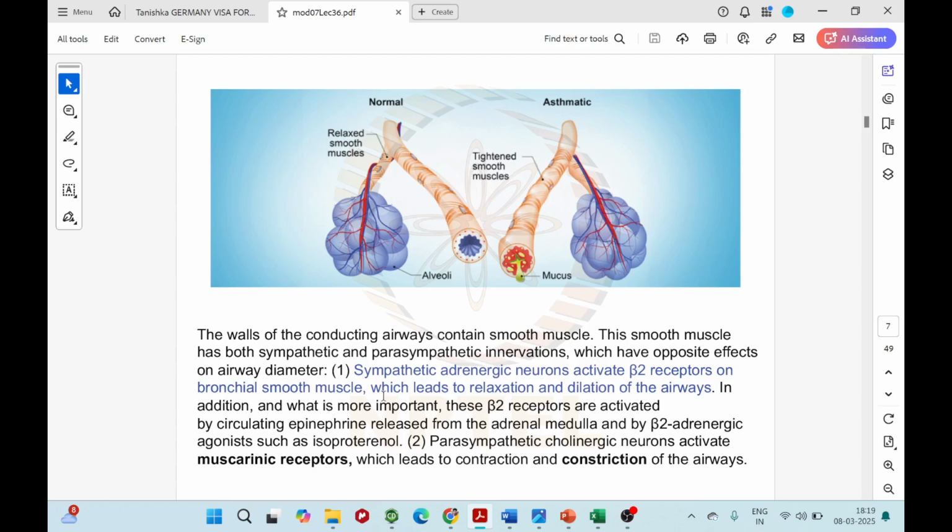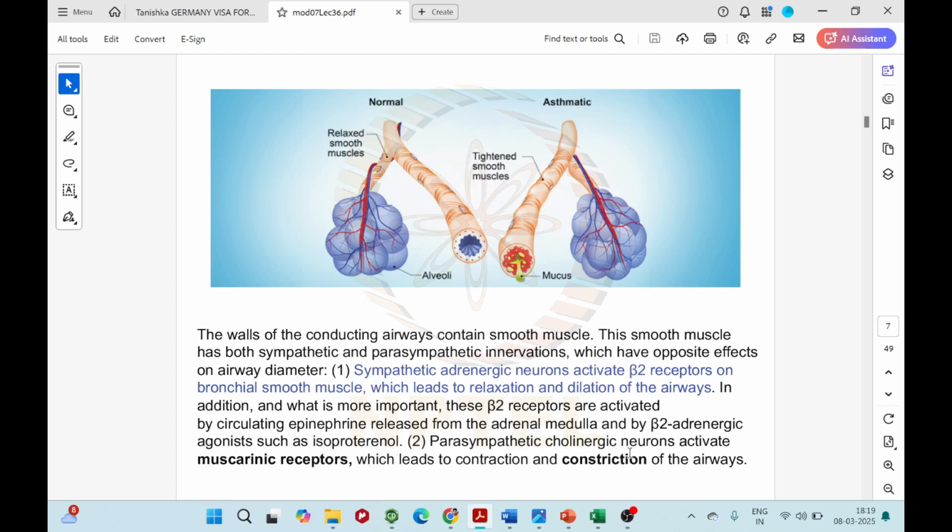Okay, so sympathetic adrenergic neurons activate the beta 2 receptor on the bronchial smooth muscle, and it leads to relaxation and dilation of the airways. In addition, the beta 2 receptor also gets activated by the epinephrine released by the adrenal medulla. And the second one is the parasympathetic receptor.